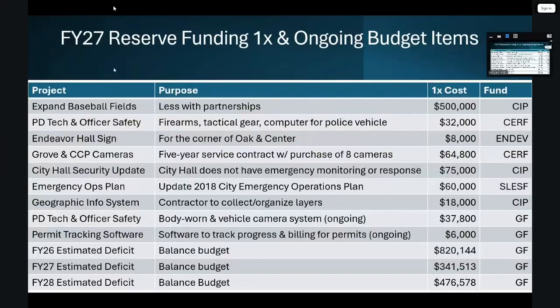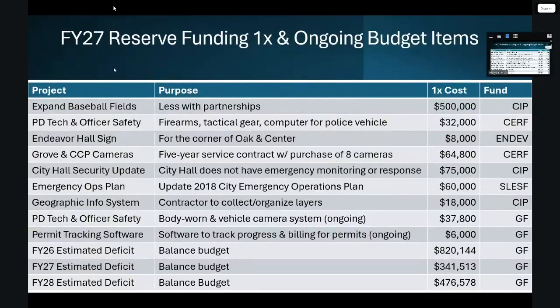The contract for the cameras for the Grove and for Community Park, we took from SURF. The emergency operation plans, we found some money there from SLESIF, the grant funding for law enforcement programming. We found the right amount unused in SLESIF at this point.